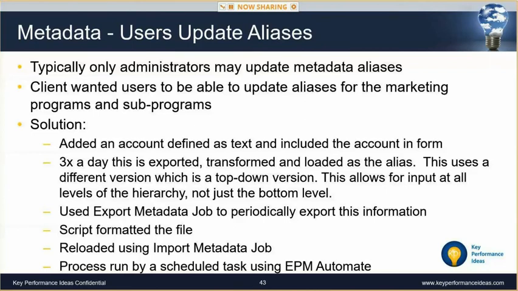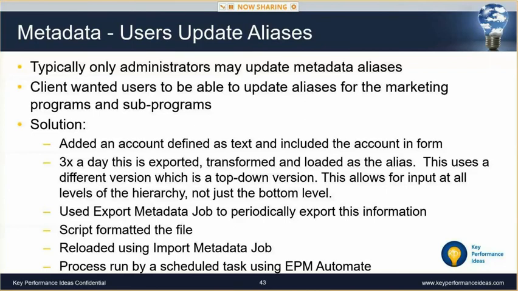And 3 times a day, we would export that information from that account, transform it, and load it as an alias. So we had a metadata load job to load it. We also used a different version for this input of the text information because we needed the users to be able to input that free-form text for the description at both the bottom level marked subprograms and also at upper level parent programs.